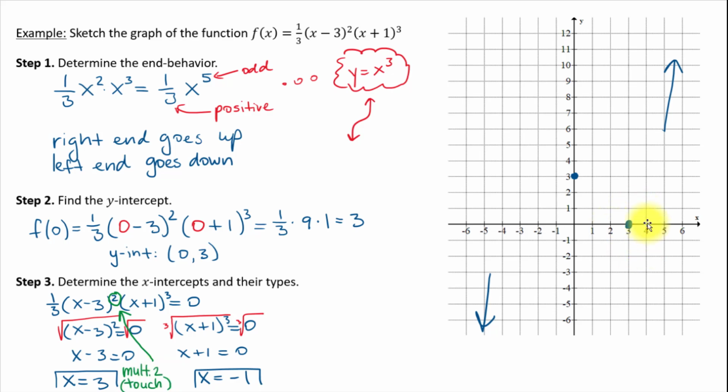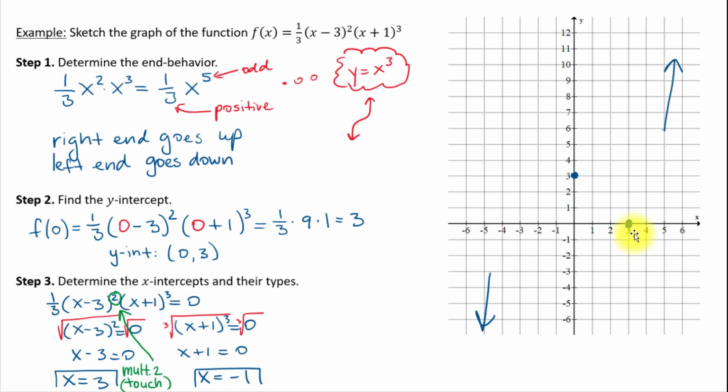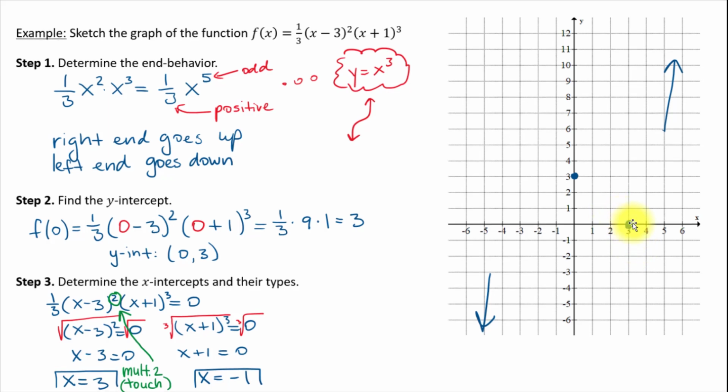So at x equals 3, the graph is not going to cross the x-axis, but it's simply going to touch it. And there are usually 2 ways for the graph to touch the x-axis, either from above or from below. What's going to be our case? Well, since we know that the right end goes up, then the graph has to touch the x-axis at 3 from the top.